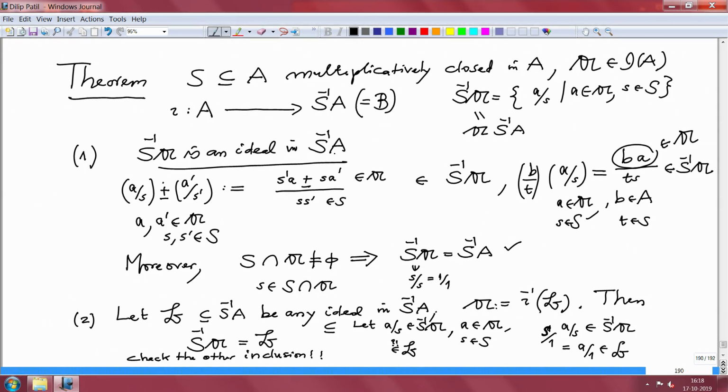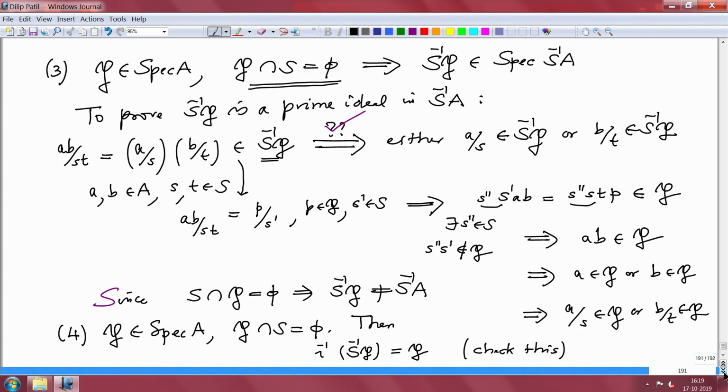And then when you take an ideal, extend it and come back, you are not asserting anything here. What you are asserting is take an ideal in B, contract it and push it, then you get back B. And in case of prime ideals, you take this, go up and come back, then it is the same. So for prime ideals, both ways it is true. So therefore we have a nice relation between the prime ideals of the ring and prime ideals of this.